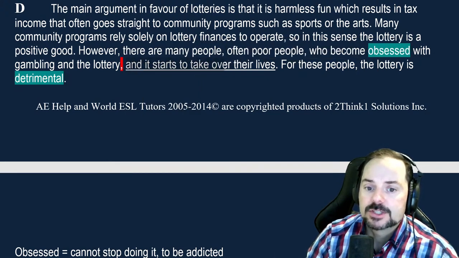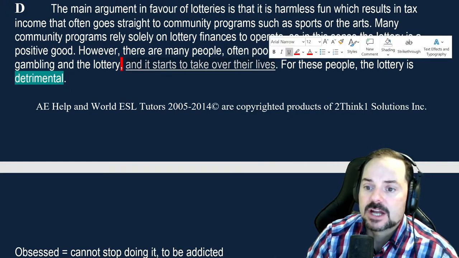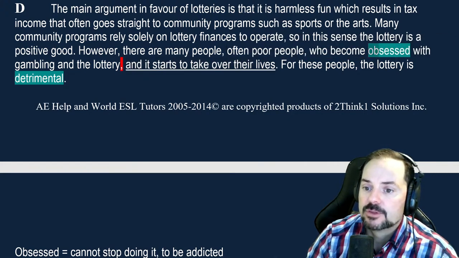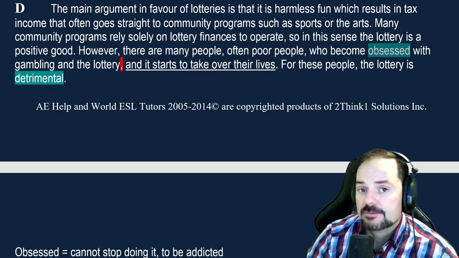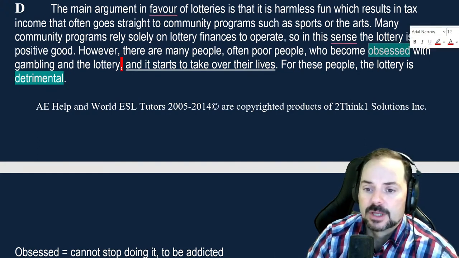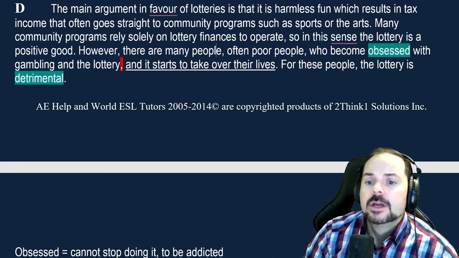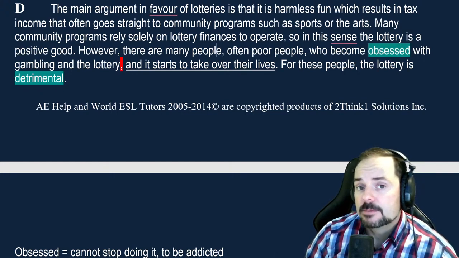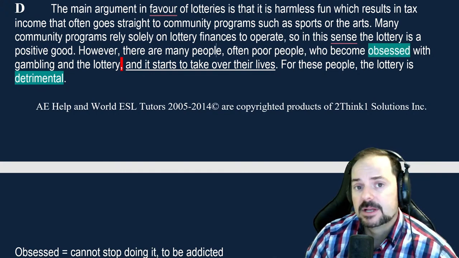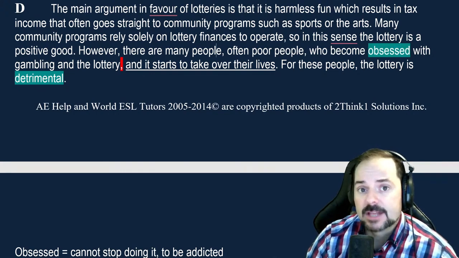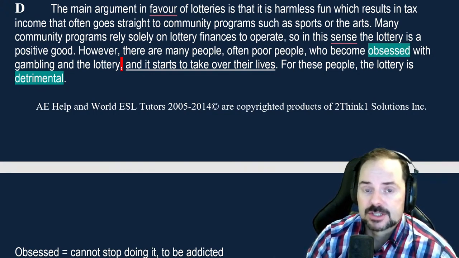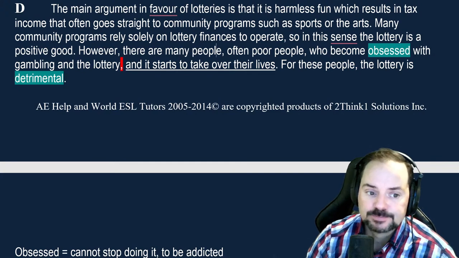So it starts to take over their lives is kind of a definition for the word obsessed. So if an IELTS candidate is reading carefully and pays attention, they'll recognize that, okay, I don't know that word, but it must mean something like addicted or can't stop doing it. So you can figure it out. And that's very important because oftentimes that becomes one of the answers for the questions that follow the passage.